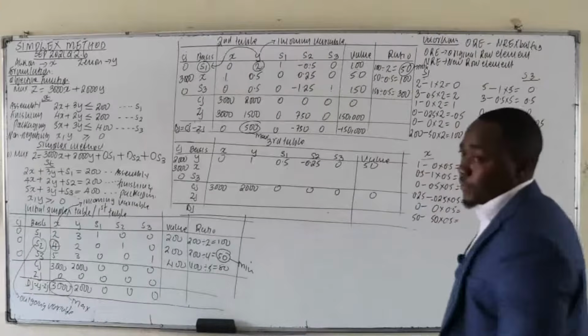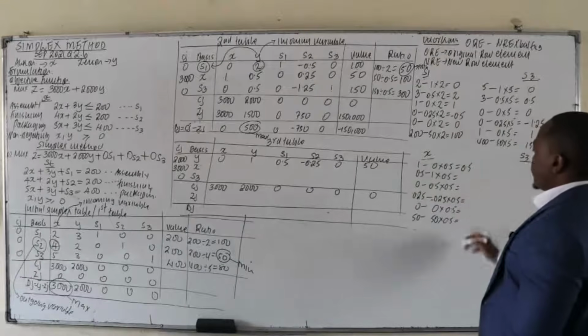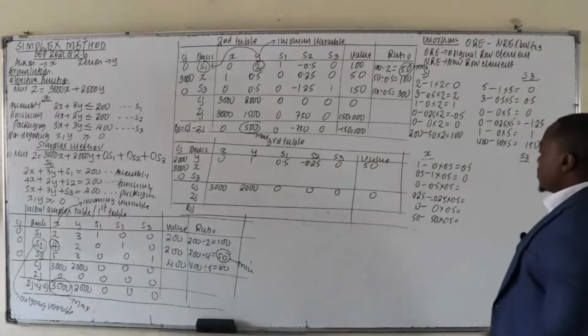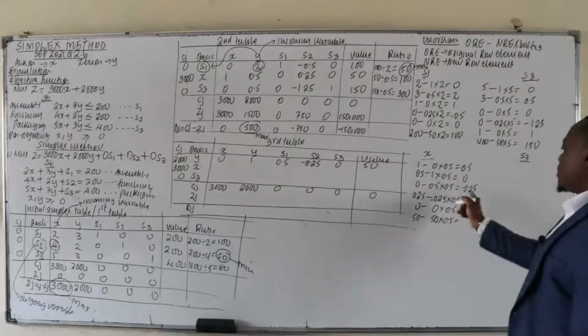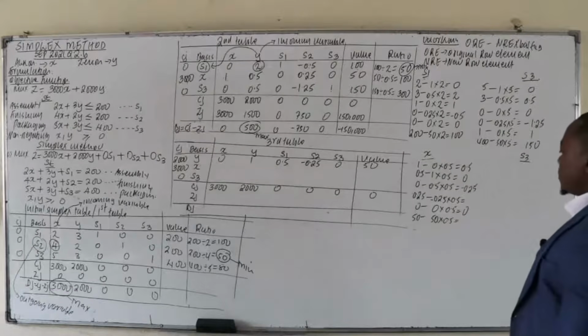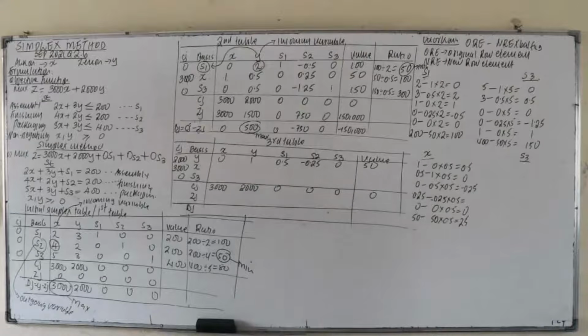So what do you get? You get 0.5. So when you get 0, then you get negative 0.25. And what about that? That's 0. That is 25. Complete that one for me.